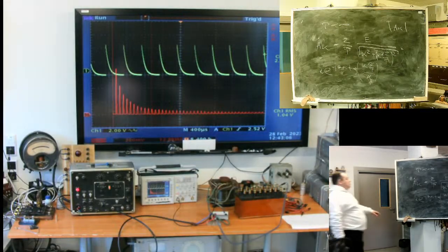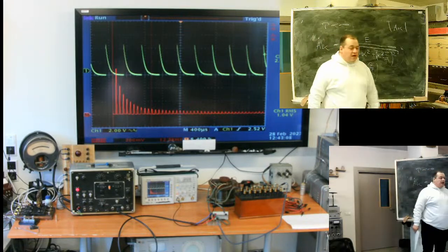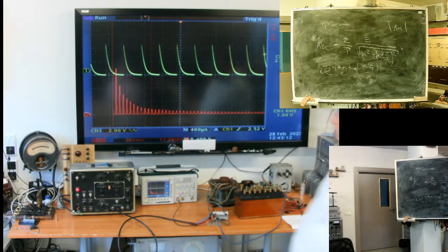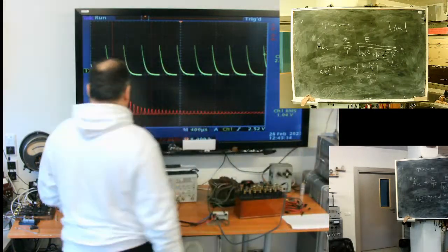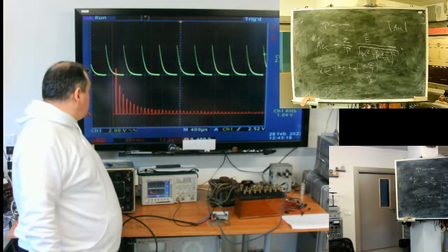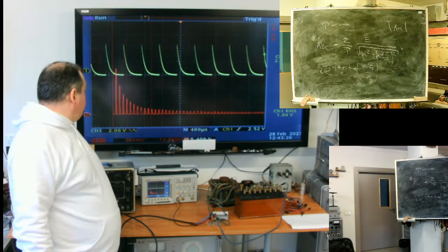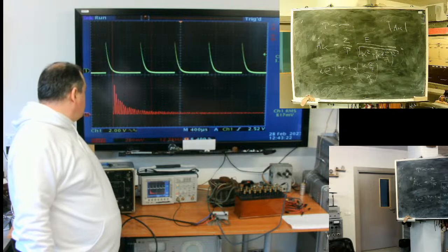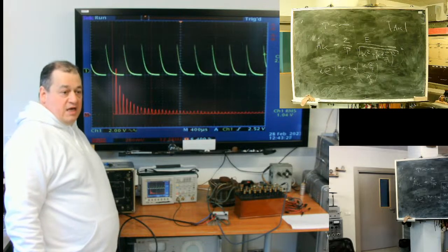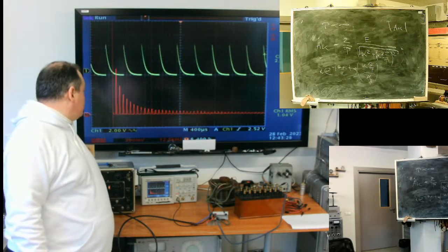Now a question. You see this equation. What will happen if I double the period? Watch. See? I'm making the period double. And what will we see on the red line?